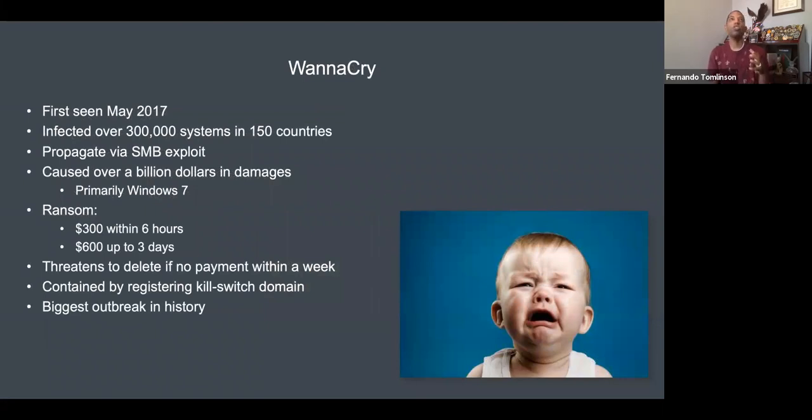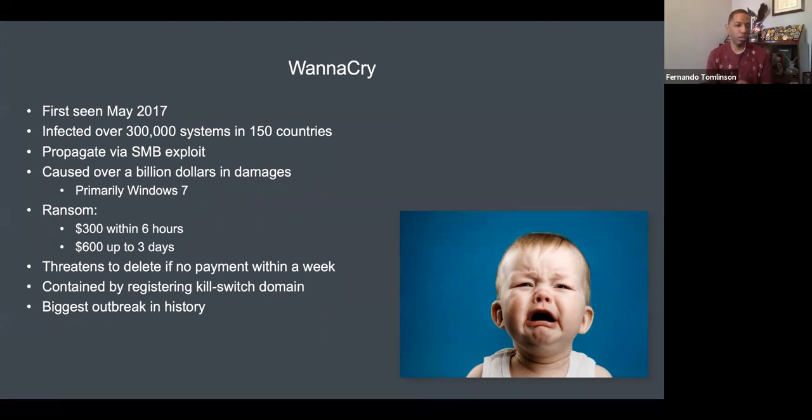This was super huge and will forever go down in history, much like a lot of other ransomware attacks. It propagated via an SMB exploit, EternalBlue, and I think we've got a slide coming up about it a little bit. That's how it propagated throughout systems using SMB v1, exploiting a vulnerability within it. And we're talking billions of dollars in damages, primarily Windows 7.